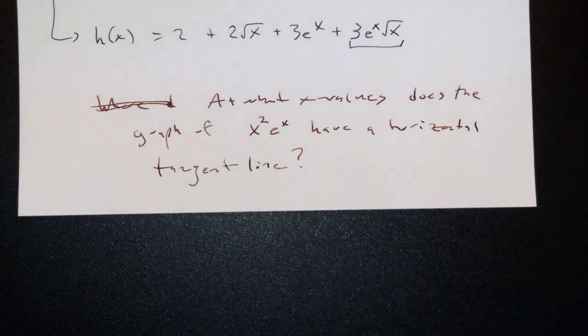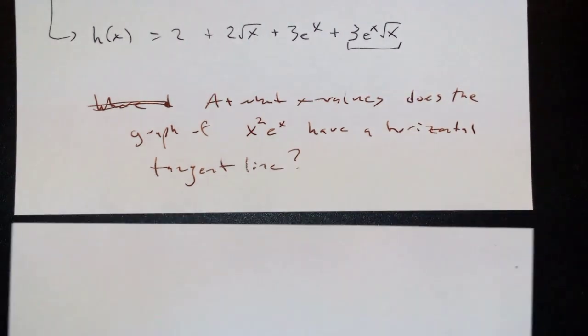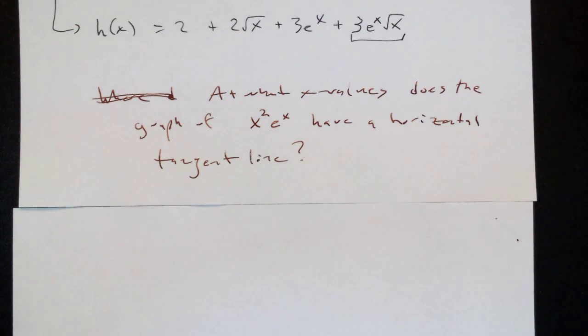You were asked a question like this on Wednesday on the recording. Only we weren't working with x squared e to the x, we were working with some x to the fourth equation.